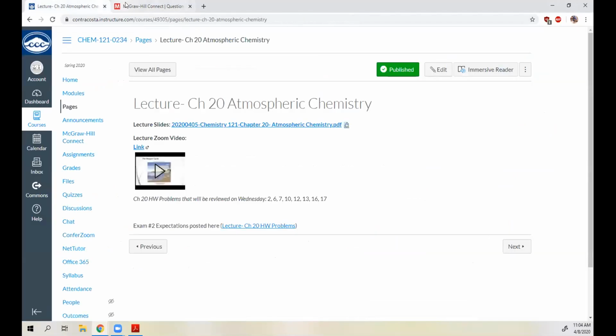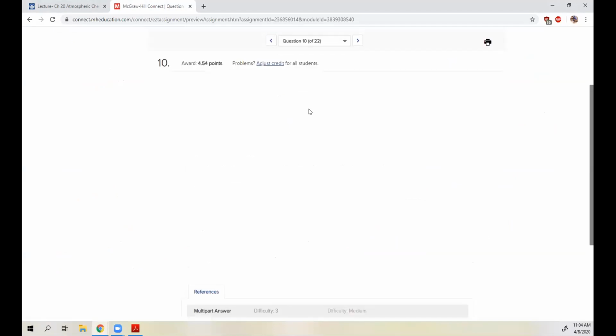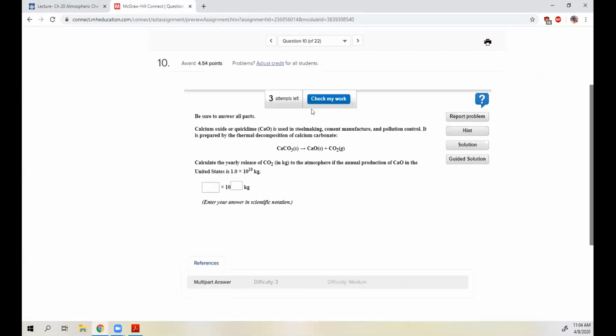The next one that we want to look at is number 10. Now, I think this should be a very straightforward question, right? It gives us the decomposition reaction to make concrete or quicklime. And so we shouldn't have too much of a problem going through this one.